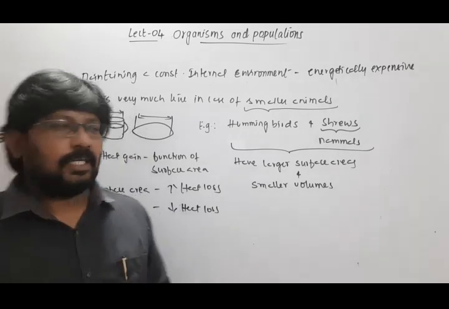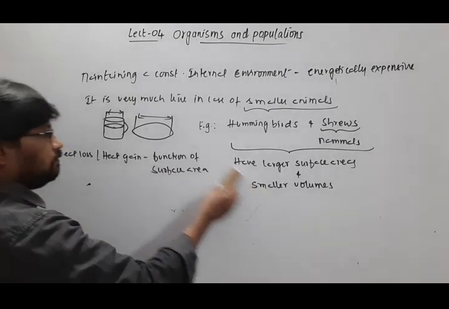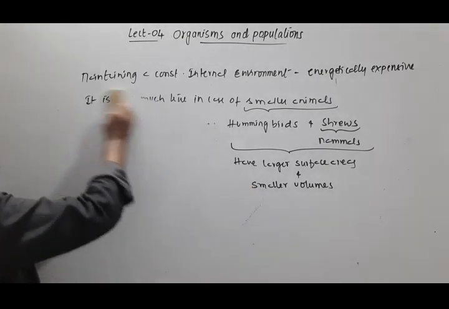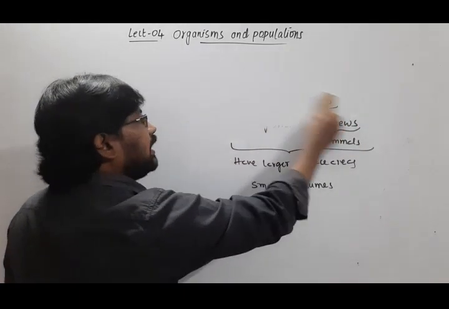That's why I mentioned that maintaining a constant internal environment, like temperature, is energetically expensive, and it is very much true in the case of these smaller animals. I hope this part is clear, right? So why do many animals not regulate body temperature? We understood that it requires a lot of energy.